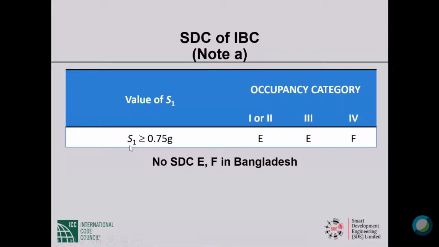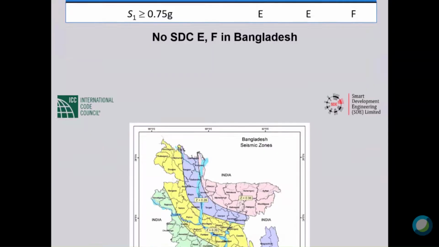If the mapped long period ground motion parameter S sub 1 equals or exceeds 75% of g, which can happen only in the vicinity of known faults that can generate large earthquakes, then non-essential facilities are design category E, essential facilities are design category F. In Bangladesh, you do not have S sub 1 values larger than or equal to 75% of g. So you do not have design category E or F. You have only B, C, and D. Okay, remember that for all time to come, B, C, and D.